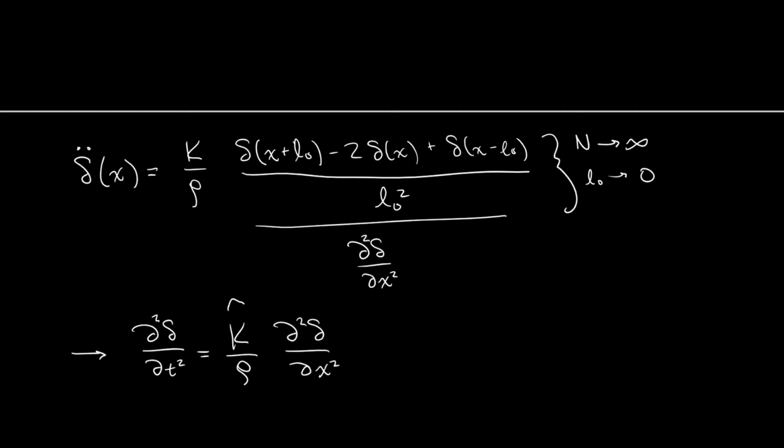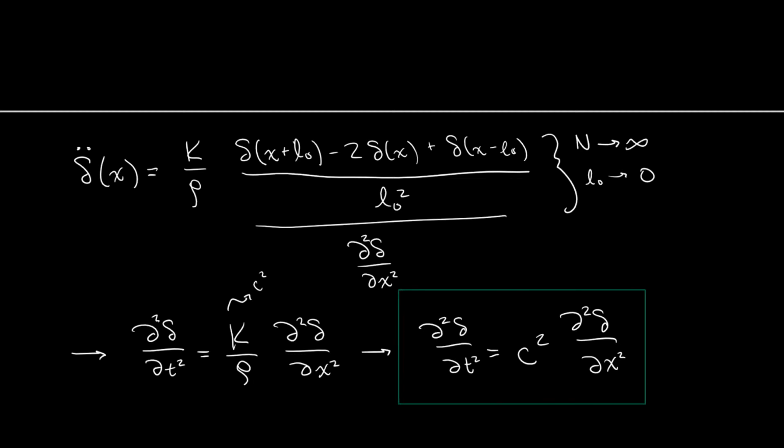Or if I want to call this c squared, d2 delta dt squared equals c squared, where this is just some constant, d2 delta dx squared. And we have ourselves a wave equation. This is the wave equation for a string.